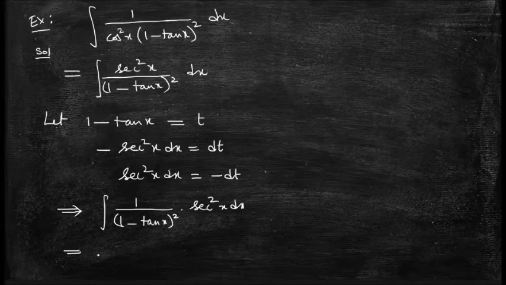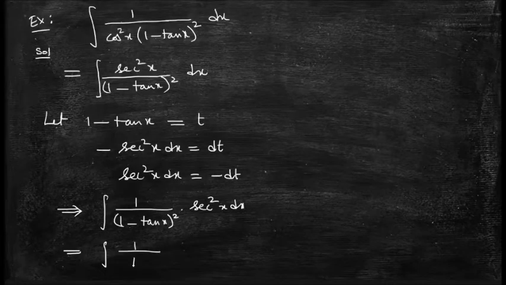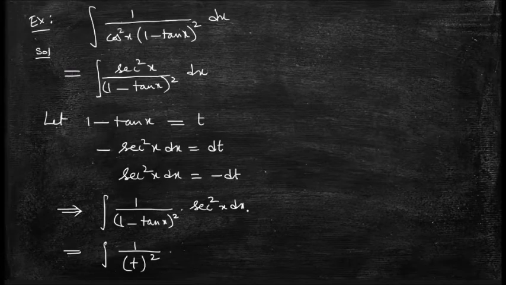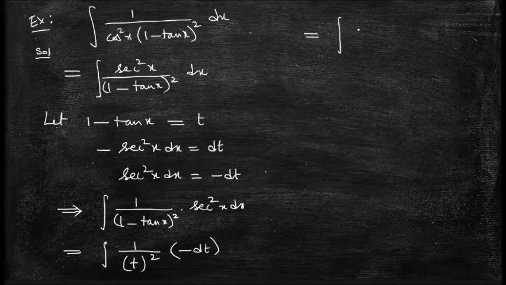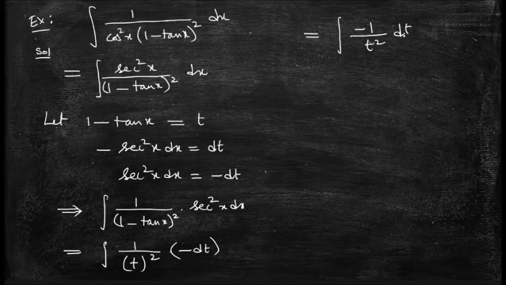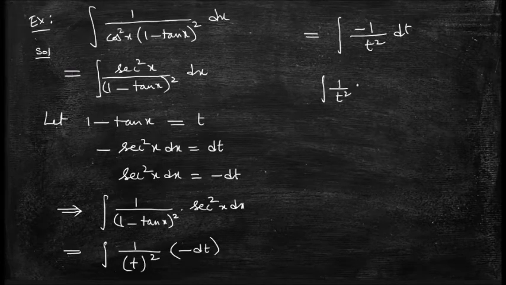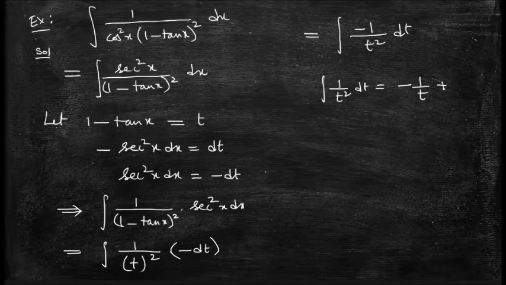Now when I replace 1 minus tan x, which I supposed as t, so t square, secant square x dx is minus dt. Again, if I look at the structure of this, it is minus 1 by t square dt. We know integration of 1 by t square dt is equal to minus 1 by t plus c.